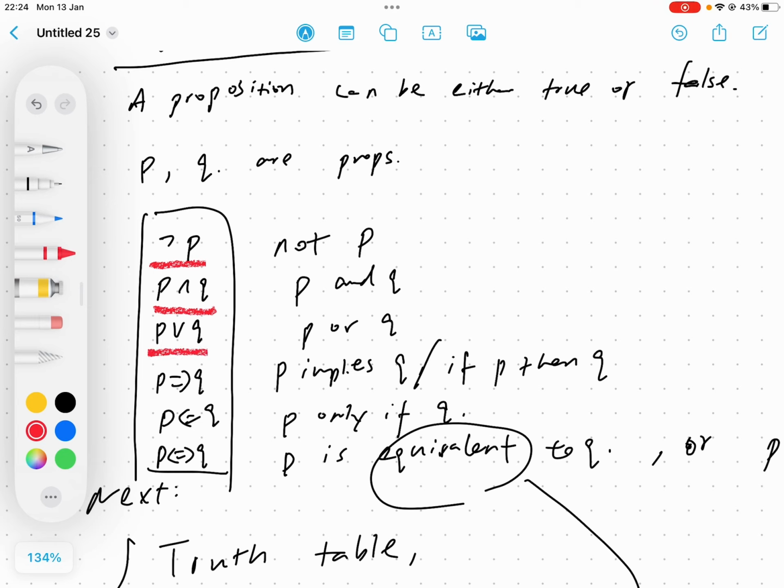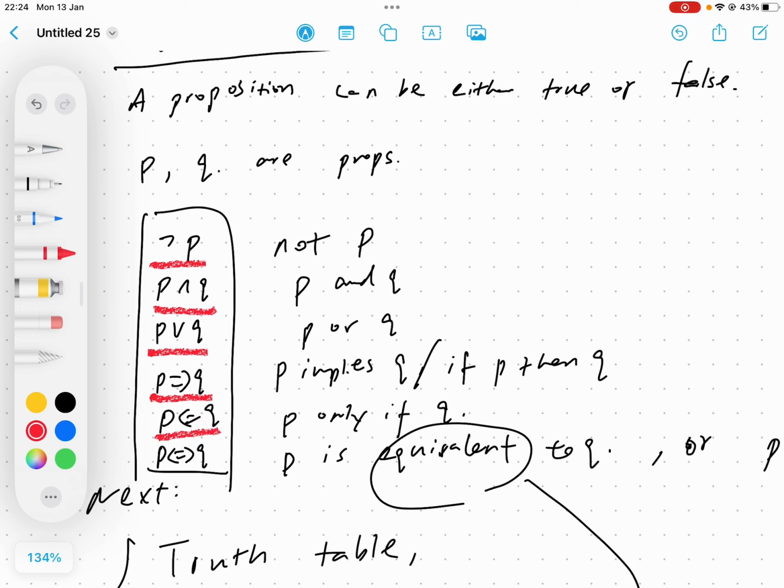And this would be P or Q. And this would be P implies Q, or we can also read this as if P then Q, right? Those are just the common logic that we read from those notations, right?